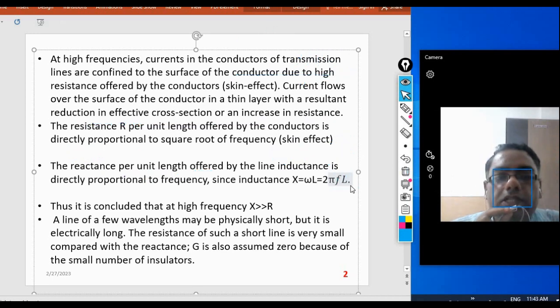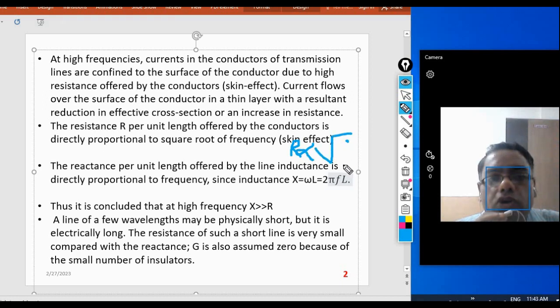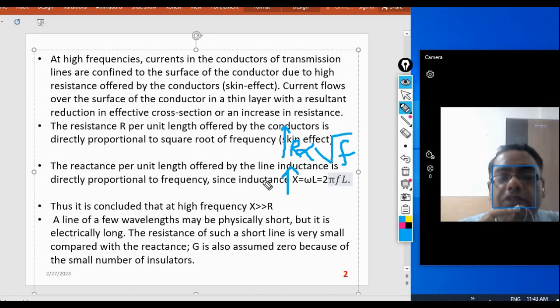So X is directly proportional to the frequency of the signal, but the resistance offered is directly proportional to the square root of frequency. So with increase in frequency, both the resistance per unit length and the reactance per unit length increase. It is inductive reactance because of the inductor.